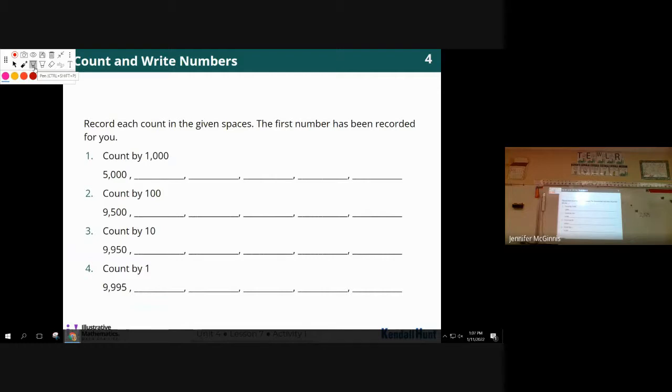Make sure you're following directions. As I look around the room, we're not thinking carefully. We are not following directions. Very nice. Very good.